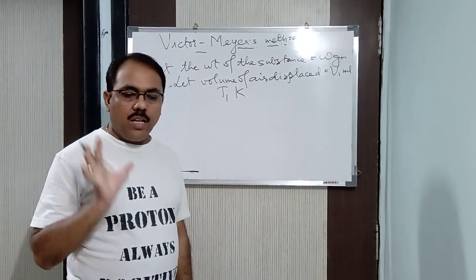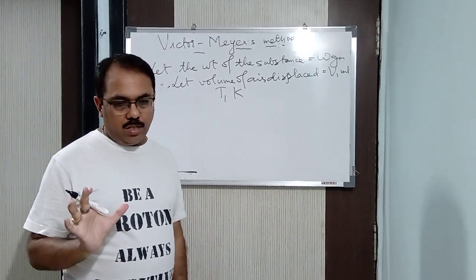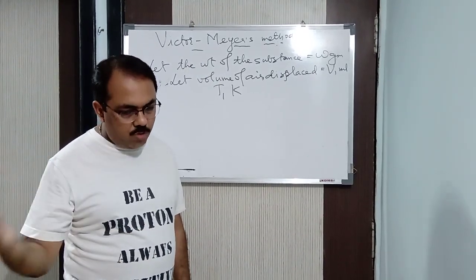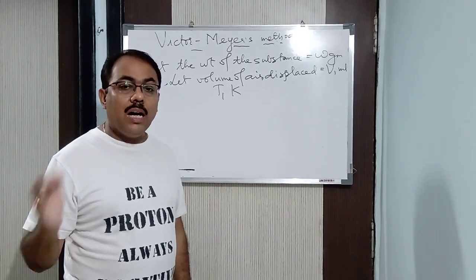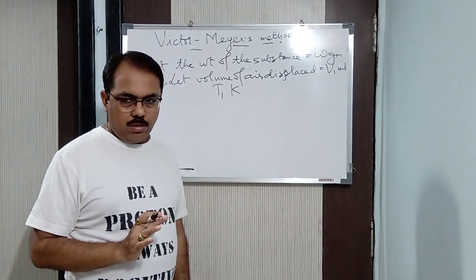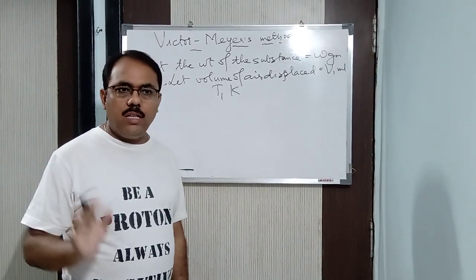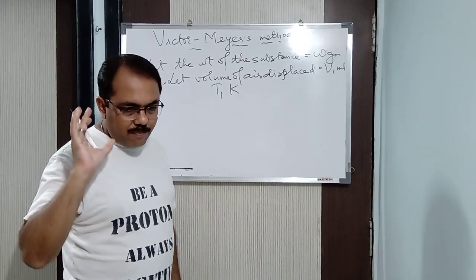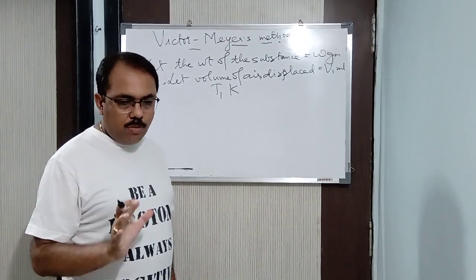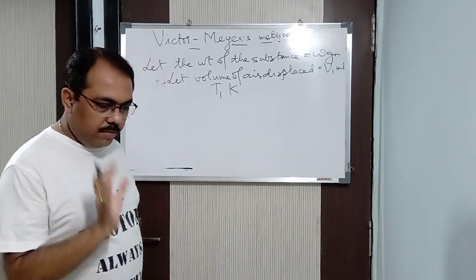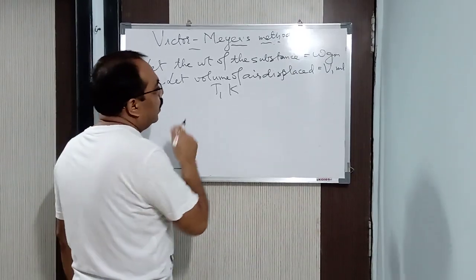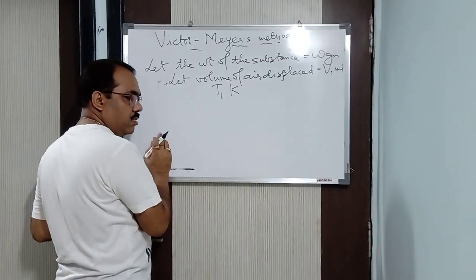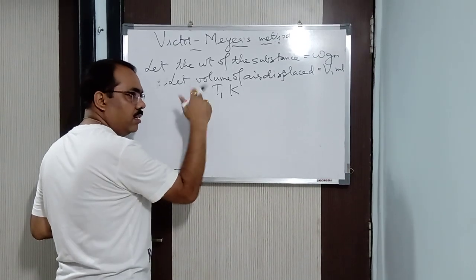You are measuring the volume of the gas collected over water under STP conditions, standard temperature and pressure. Clear? V1 is the volume of the air displaced when the temperature is T1 Kelvin.